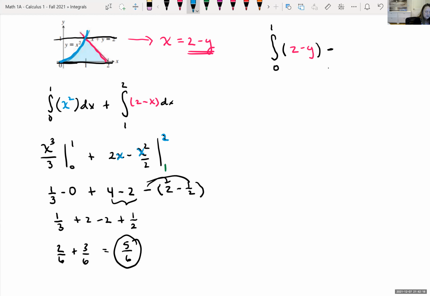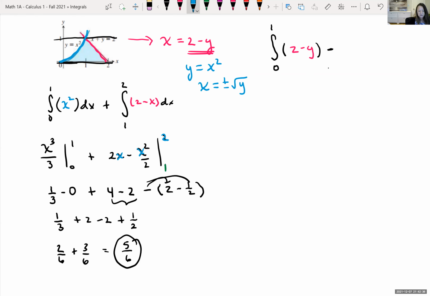Well, this also is y in terms of x. We have y is equal to x squared. So we want to rewrite that as x in terms of y. If I took the square root of both sides, this is x is equal to plus or minus the square root of y.